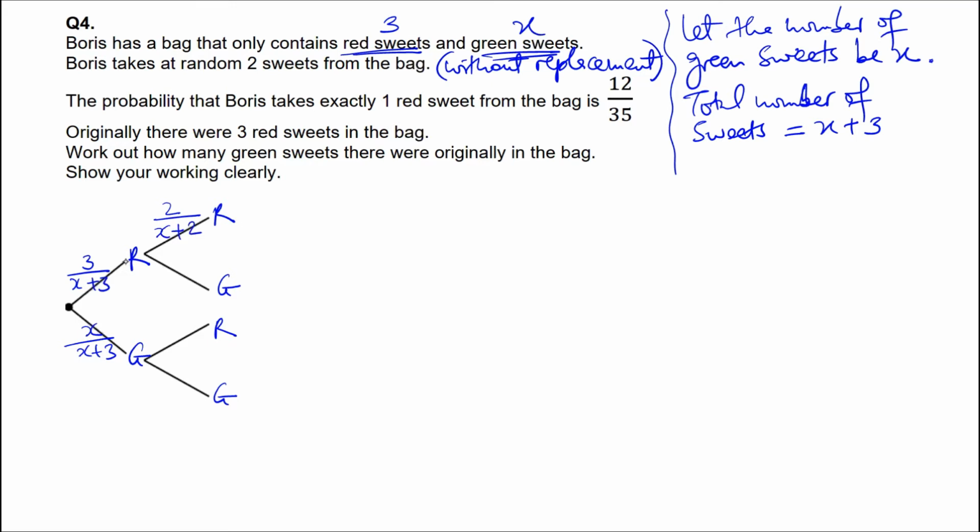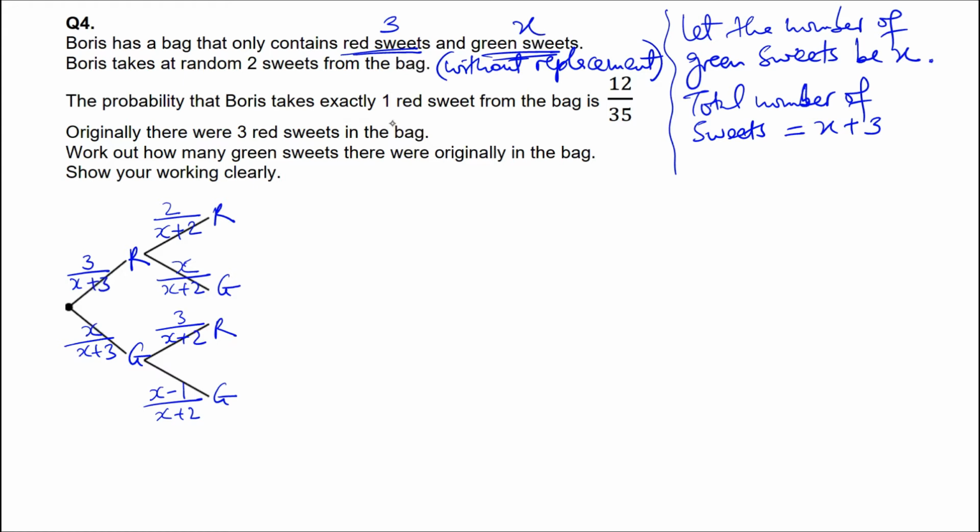If the first one was red, the number of greens is still x, over x plus 2. If the first one was green, the number of greens has reduced by 1 and the total reduces by 1 as well, so x minus 1 over x plus 2. But here, the number of reds is still the same, so that will be 3 over x plus 2.